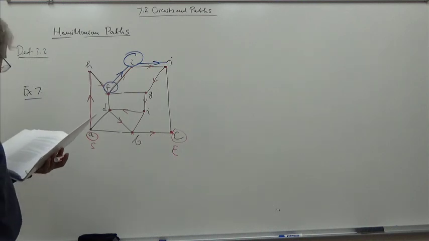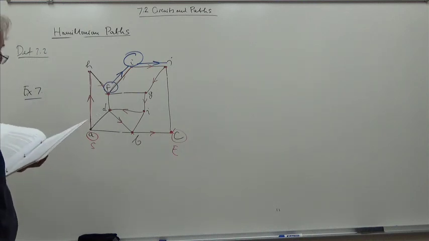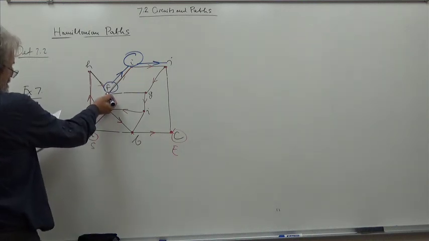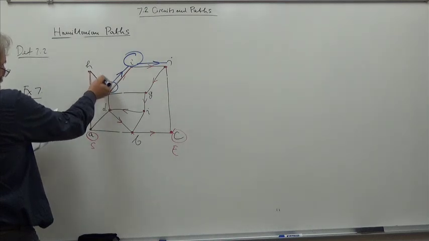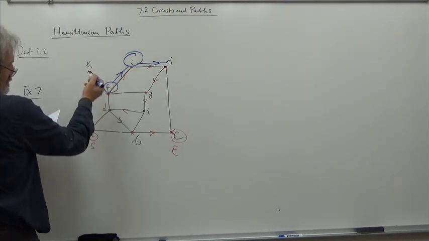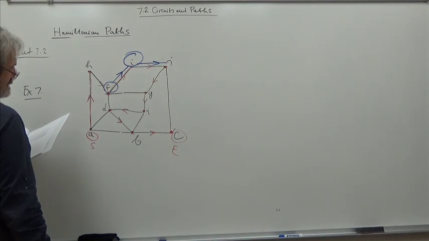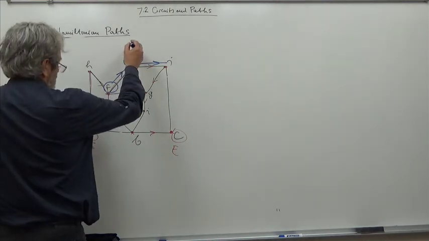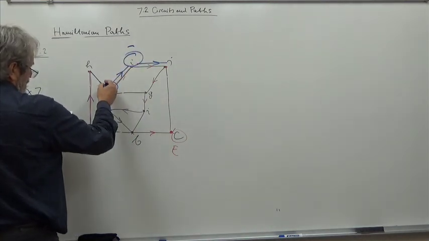And then, H must be included, because if you don't include H, you will be stuck at H later on. There is no way for you to get there the other way around.